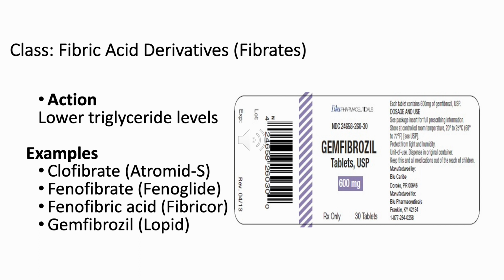Both are highly effective at lowering triglyceride levels and increasing HDL levels, but they have little effect on lowering LDL levels. Gemfibrozil and fenofibrate are generally well tolerated, but can cause liver toxicity and cholelithiasis, which is gallstones. These drugs are not recommended for patients with a history of gallbladder disease.